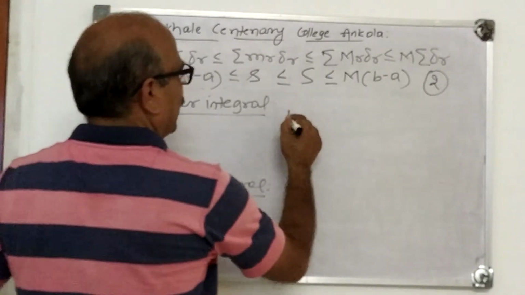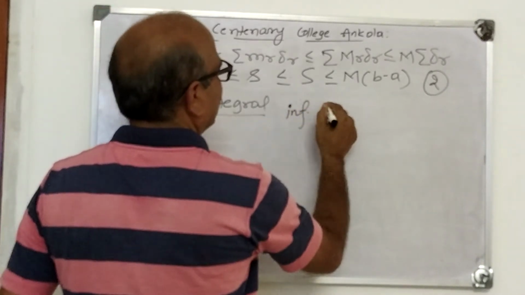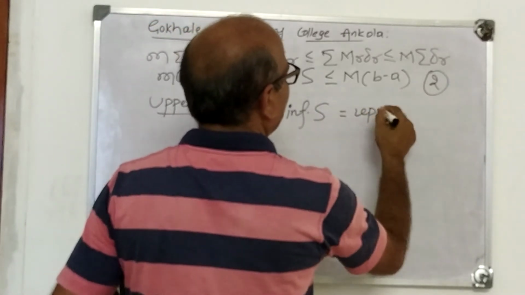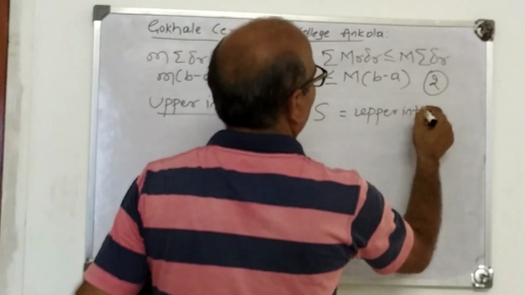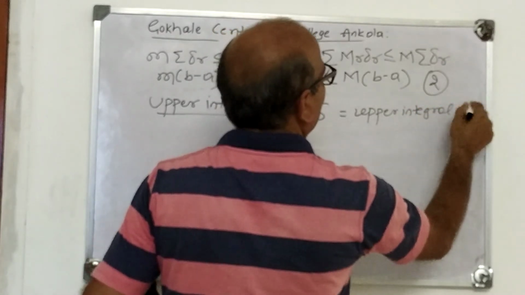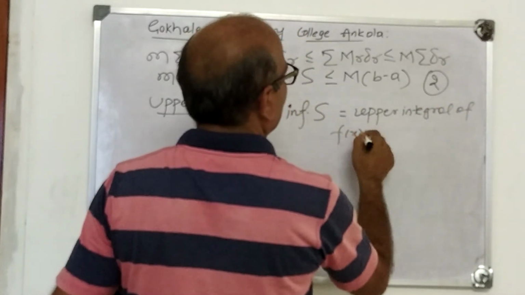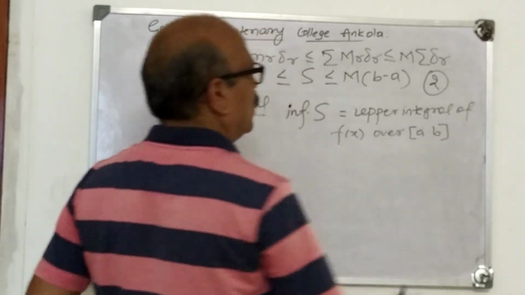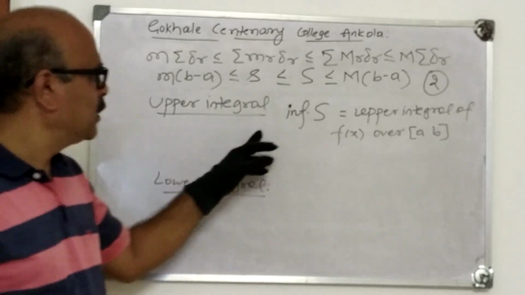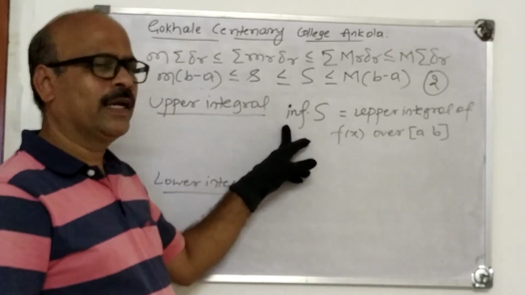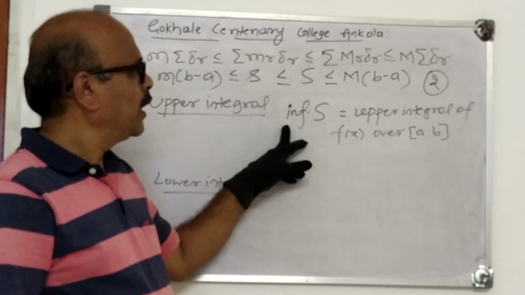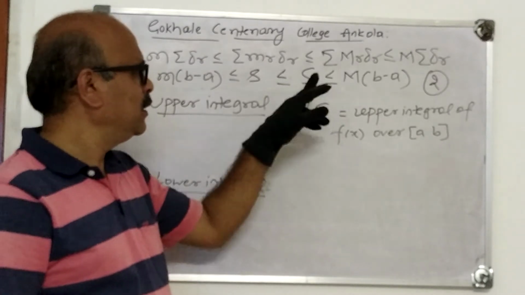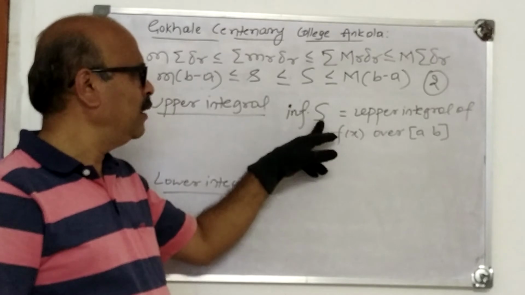Now the infimum of the set of all upper sums is called the upper integral of f(x) over the interval [a,b]. See the definition. Suppose f(x) is bounded in a closed interval [a,b], capital S be the set of all upper sums, then this set of all upper sums is bounded.